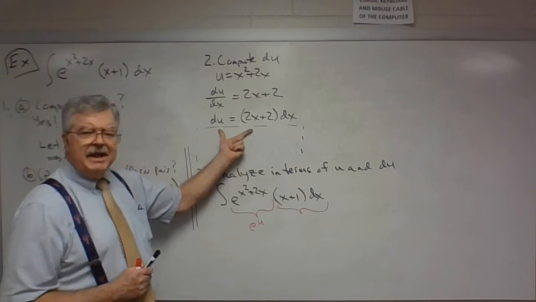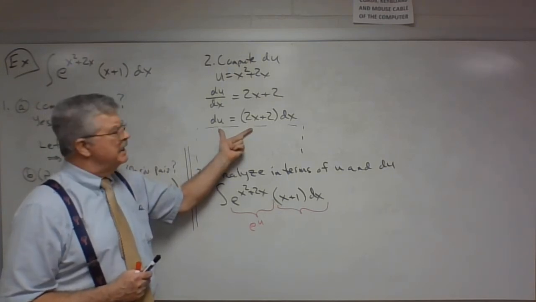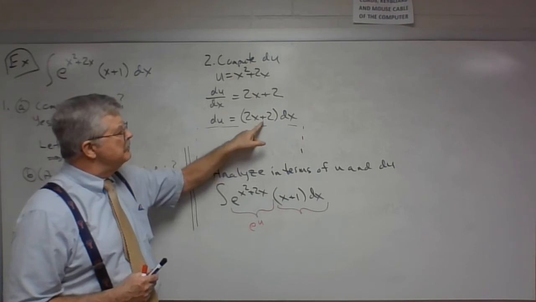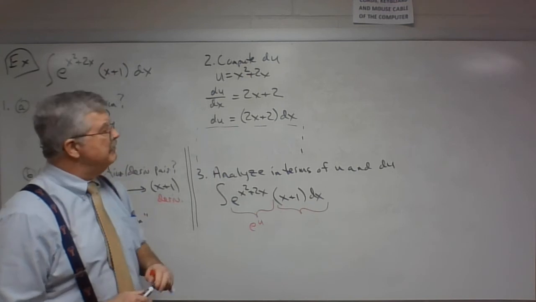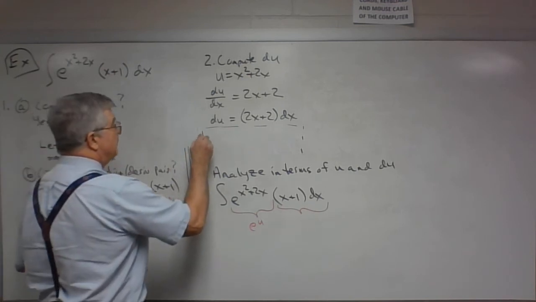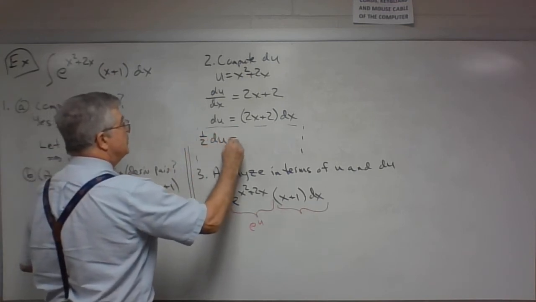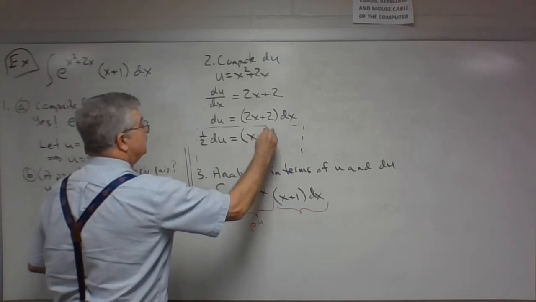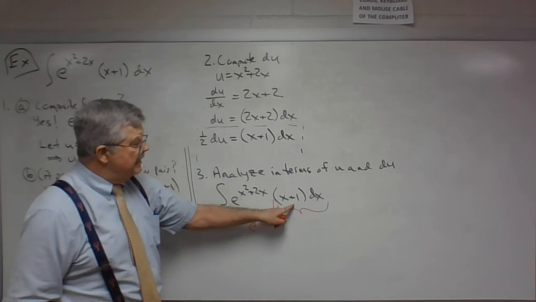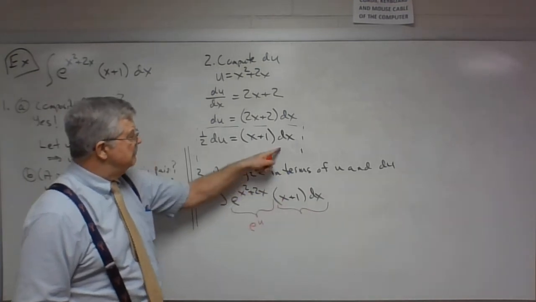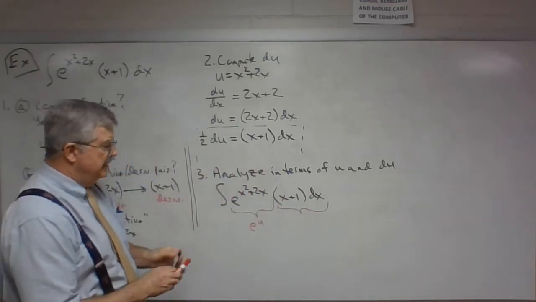What constant would I have to multiply both sides by here to make the right-hand side look like this? 1/2? Let's do it. 1/2 du is x plus 1 dx. So what is x plus 1 dx? It's 1/2 du.